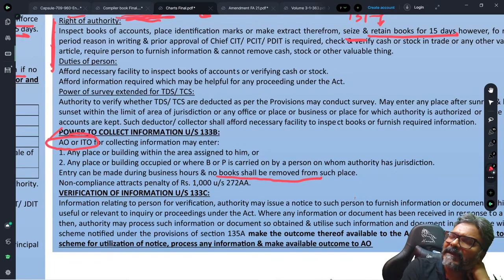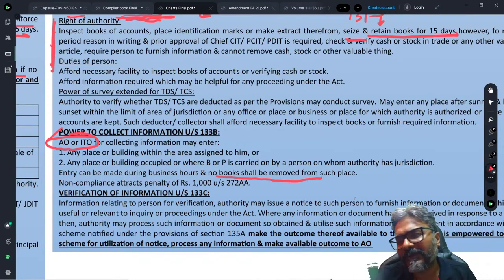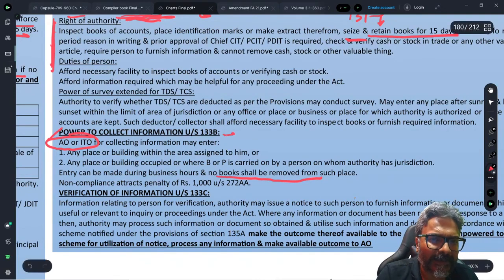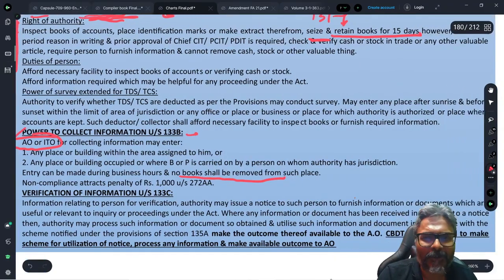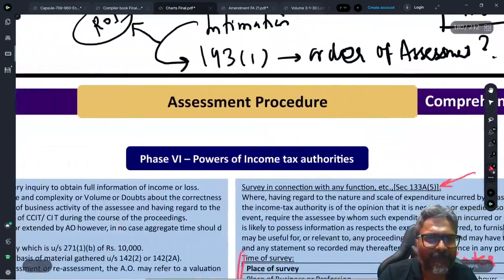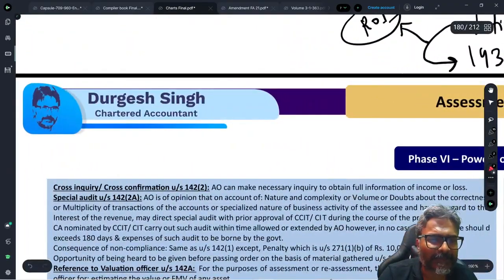And if in the question they haven't used the word survey, then this is a case of 133B. This is the way you need to identify whether it is 133A or 133B. Is that clear to all of you? You will nowhere find written in 133B that this is about the survey. Is that clear, students?